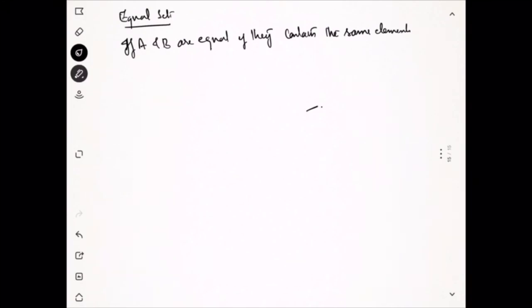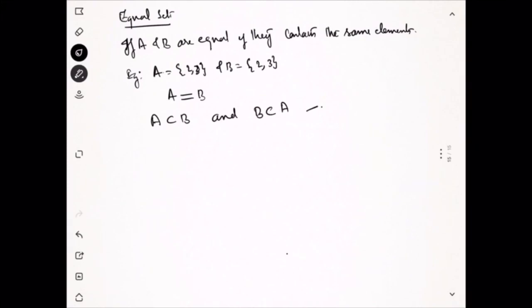If A and B are equal, if the sets A and B contain the same elements, or we can say that, for example, if A equals 2, 3 and B also equals 2, 3, then we can say that A is equal to B. In this case, we can say that A is the subset of B, that is A is contained in B, and vice versa, that is B is contained in A, both become same.